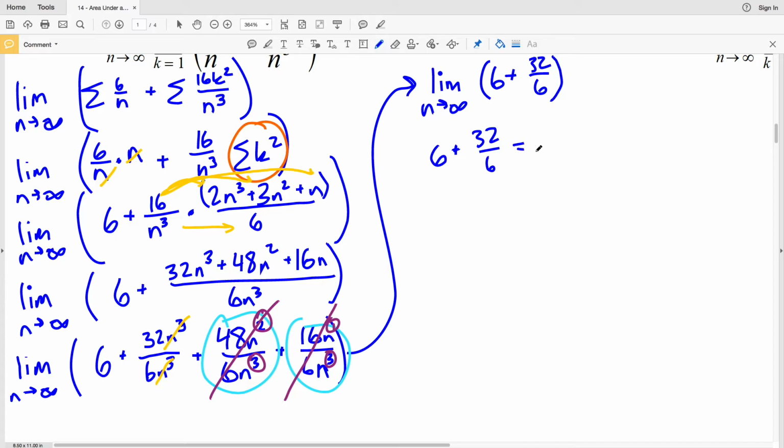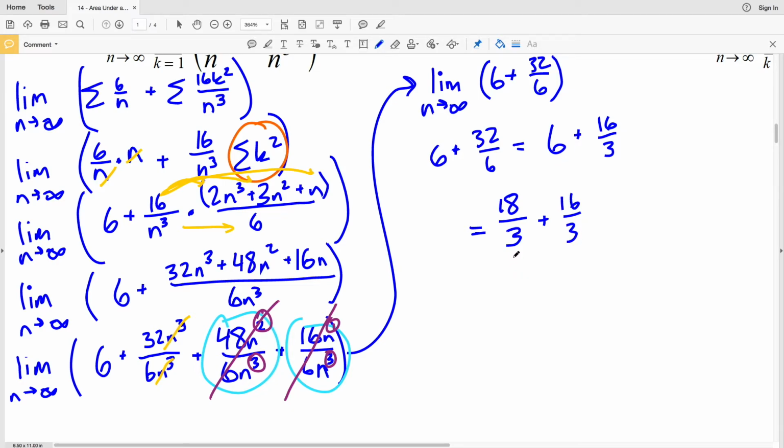However, I'm going to simplify this. Both 32 and 6 are divisible by 2, so I'll have 6 plus 16 over 3, and then I'm going to combine using a common denominator. So in order to get 6 in terms of 3, I'll need to multiply by 3 over 3, so that will be 18 over 3 plus 16 thirds, because 18 divided by 3 is indeed 6.